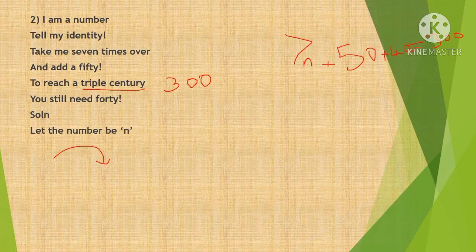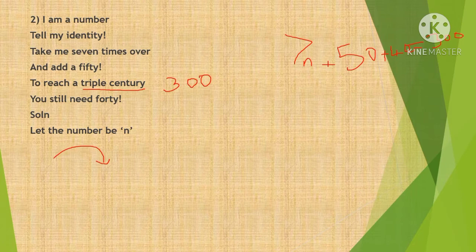You can take any variable. So take me 7 times over means 7 into n. So we can write it as 7n. And add a 50 means plus 50. To reach a triple century, you still need 40. So 7n plus 50 plus 40. Okay, we are writing the equation.